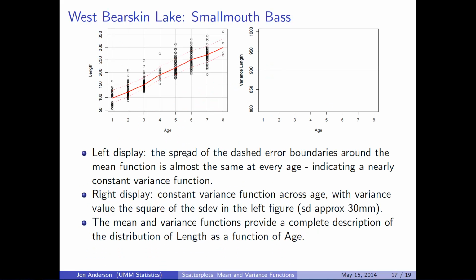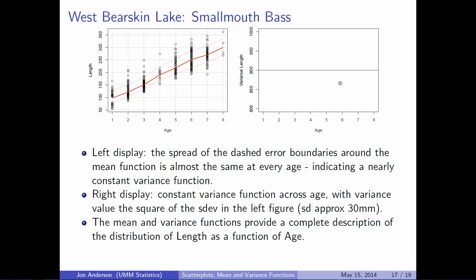On the next display, I note that the variation is about 250 millimeters, at least in standard deviation terms. Oh, I'm sorry, that's about 25 millimeters of standard deviation, or 30 millimeters, and so I'm proposing that the variation is about 30 squared, or 900 squared millimeters, and so we have basically a constant variation across age.